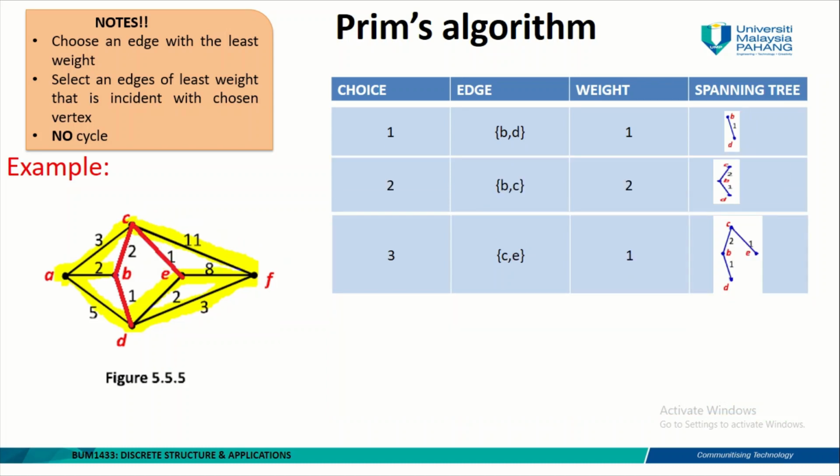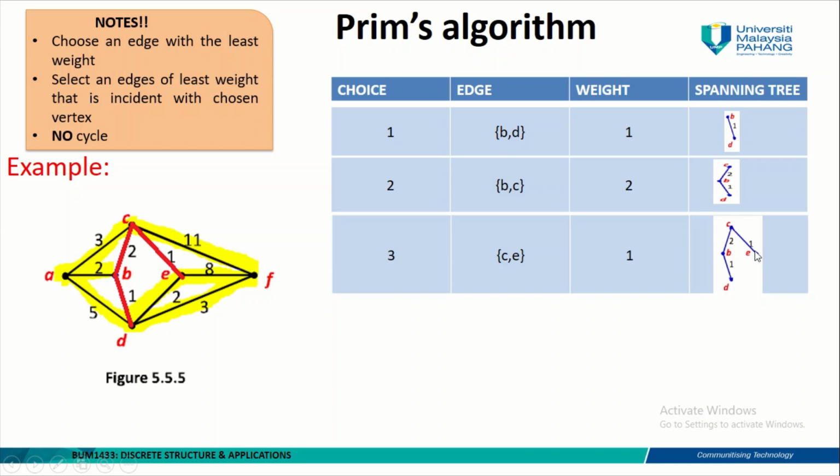We already used E here, so we need to consider the edges incident with vertex E also. For all the incident edges here, the least weight is 2, at the edge ED and the edge AB. So we can choose either one, ED or BA.